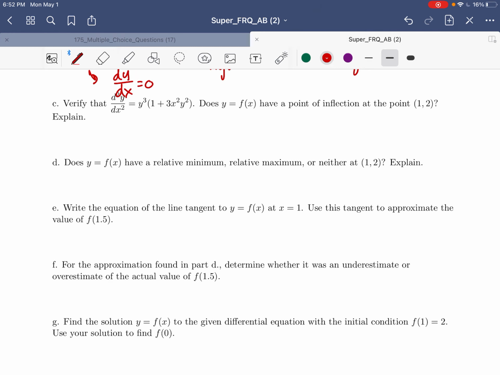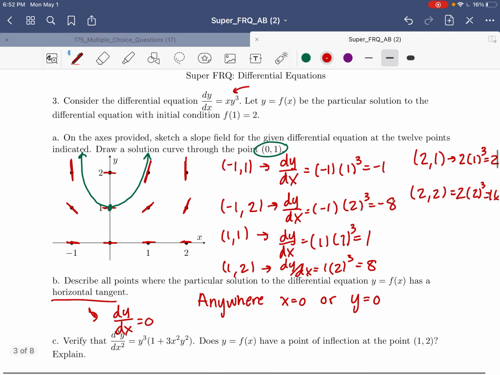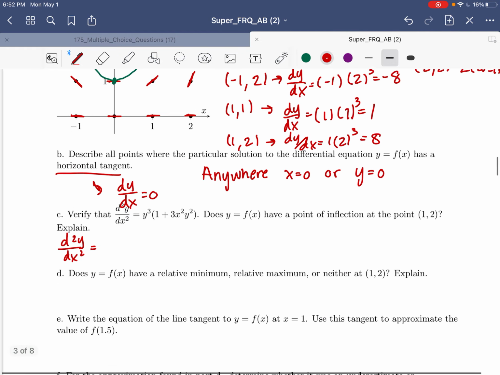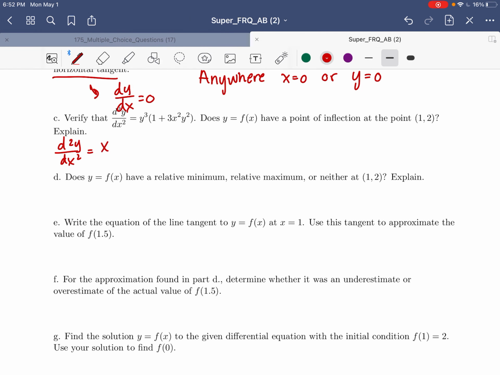All right, the second derivative equals that. We need to verify it. So I'm going to take the second derivative using product rule. Product rule is the first times the derivative of the second, which is 3y squared dy/dx, plus the derivative of the first, which is 1, times y cubed.